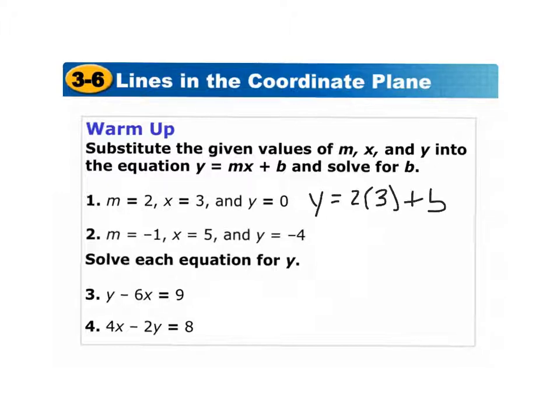What's y? 0. So we plug 0 in for y. Then how do we solve for b? We get 0 is equal to 6 plus b. Now what do we do? We subtract 6, and we get negative 6 is equal to b. Perfect.